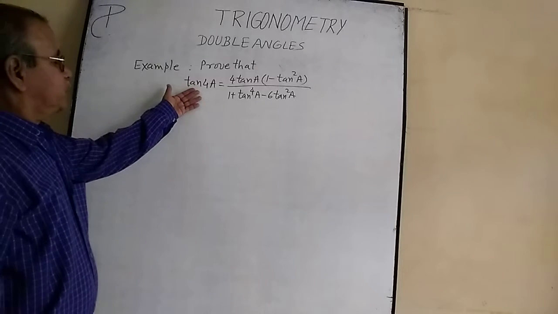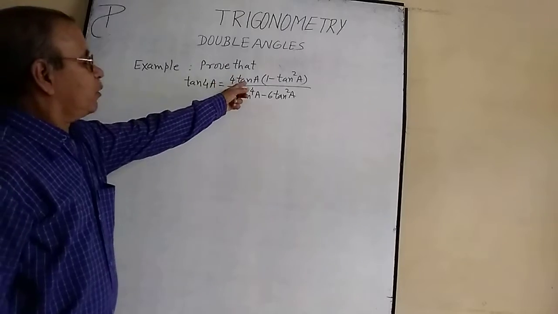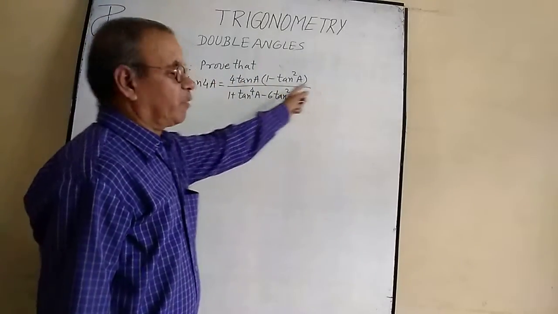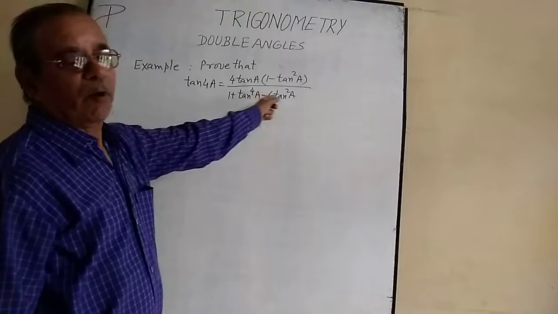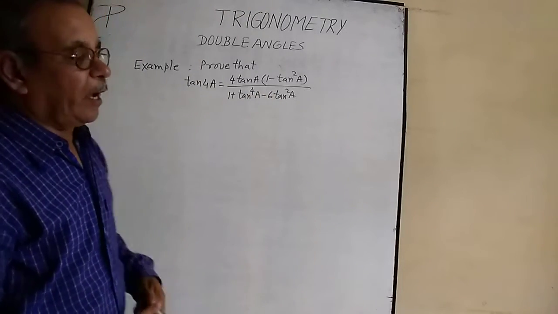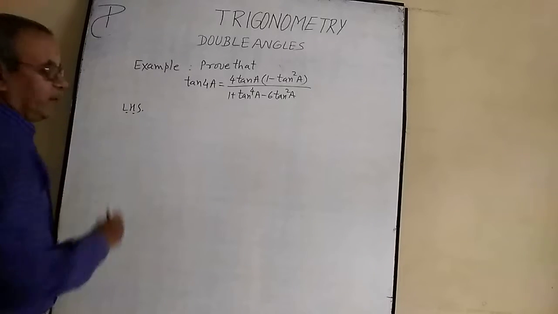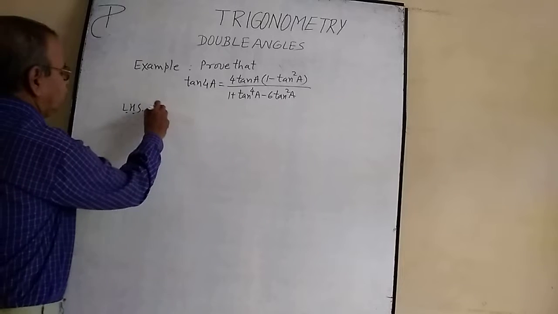Here the question is to prove tan 4a is equal to 4 tan a into (1 - tan square a) upon (1 + tan to the power 4 a - 6 tan square a). I am modifying the left hand side, and I will write tan 2 into 2a.